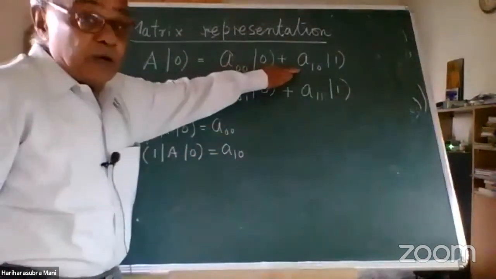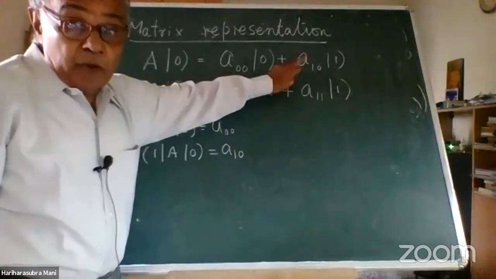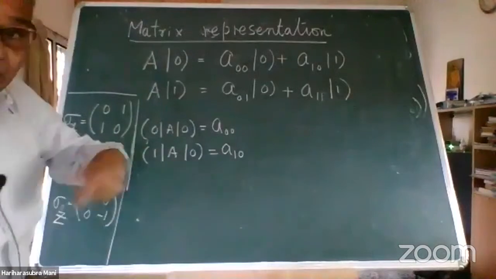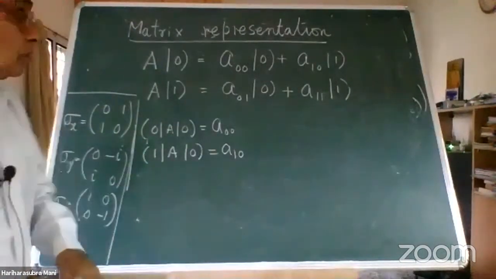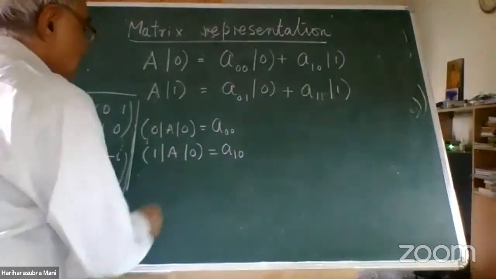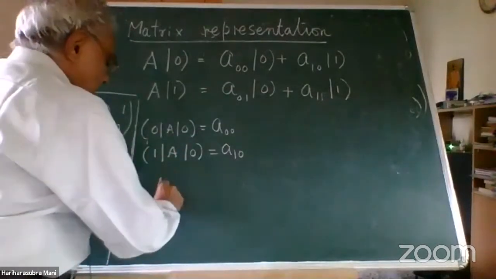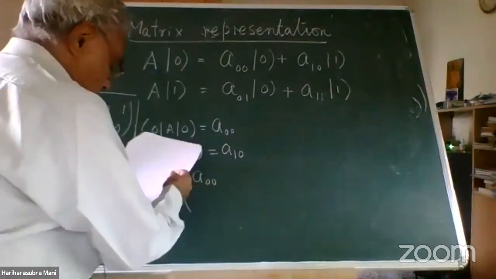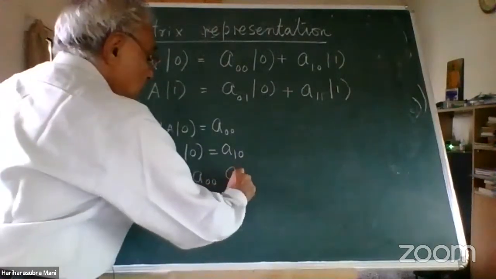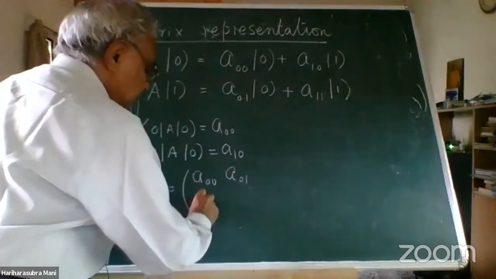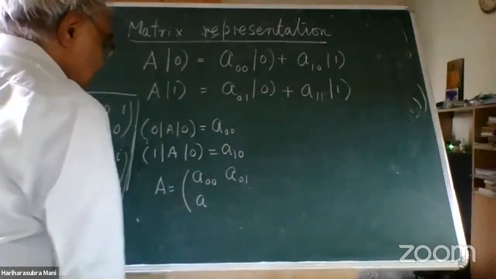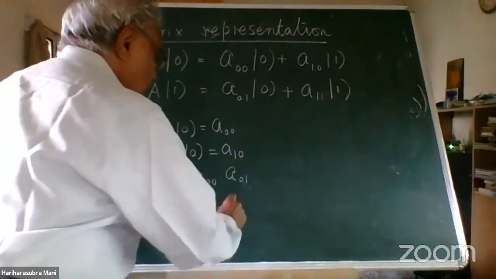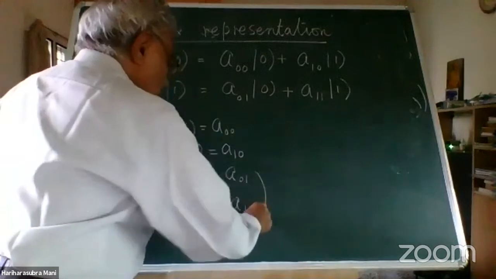That's why I have made this choice. Be careful, you should not write it as 0 1. Then in that case, that will make a transpose situation. And now the rest of them are clear. And so I will write down A as A00, A01, right? And I will write A10, A11.